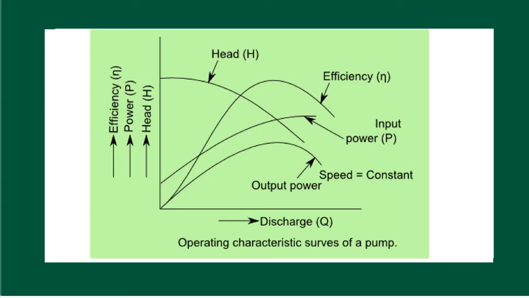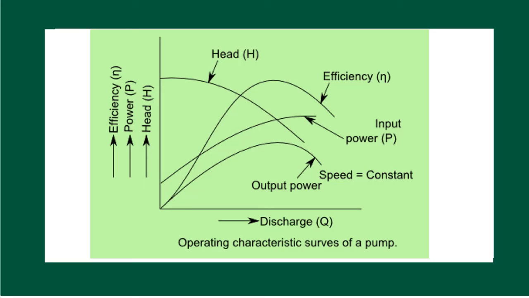Why are we plotting these curves? If we have a pump with a particular capacity, we will be able to identify at what condition, if I keep the operating parameters, this pump is operating at economic conditions. To know the optimum working conditions, we plot this characteristic curve.